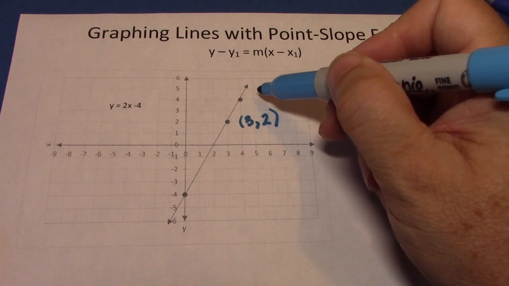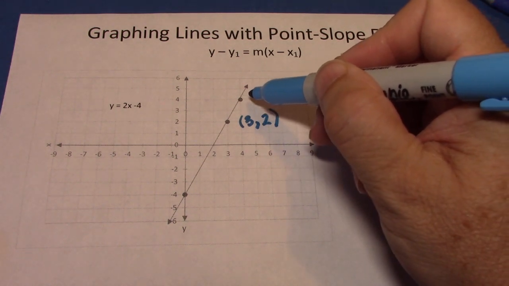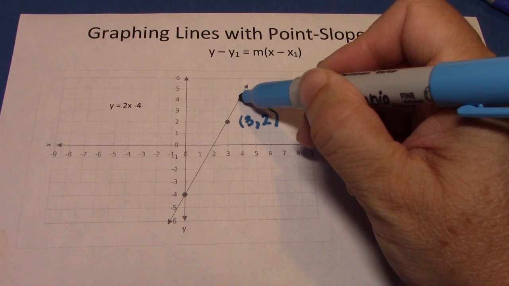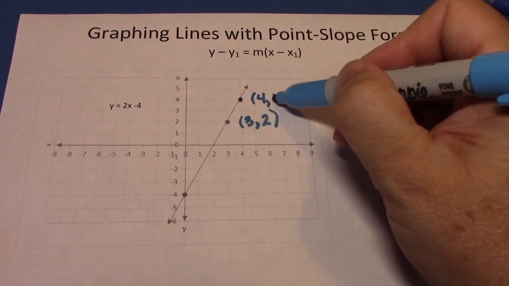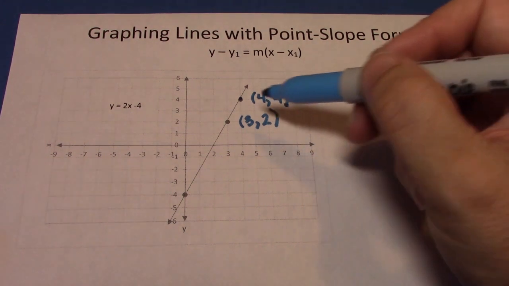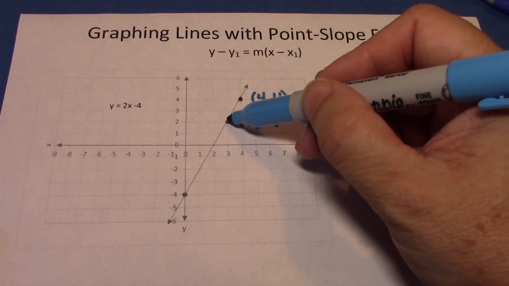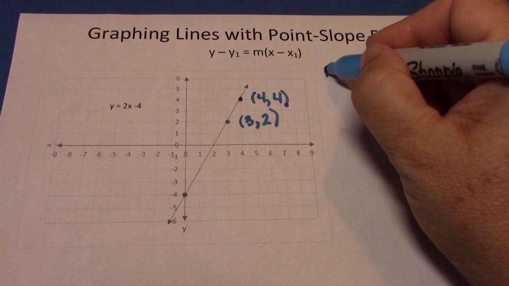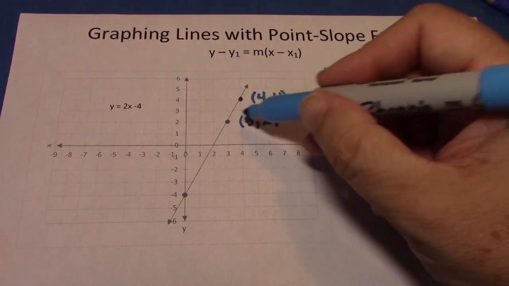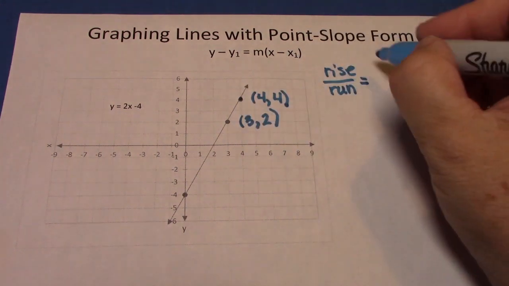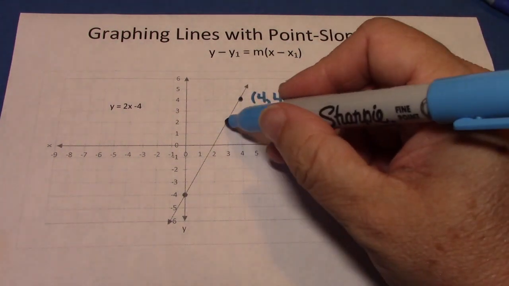And then we need another point to find slope. So this point is 4, 4. The slope is rise over run. From here to here we rise 2 and we run 1.